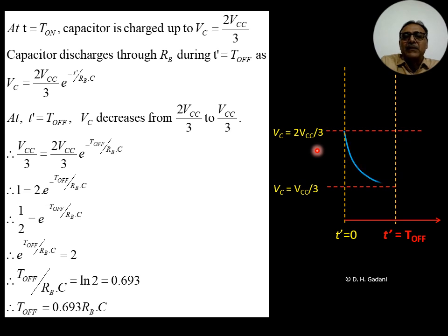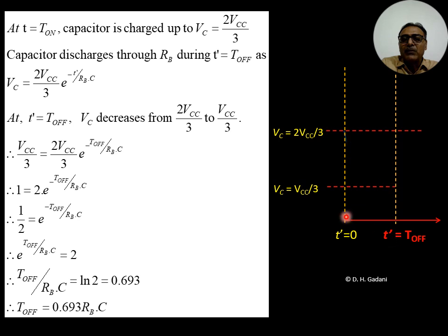Now the capacitor starts to discharge through the resistance Rb during time interval t dash equal to 0 to t off as Vc equal to 2 Vcc by 3 e raised to minus t dash upon Rb into C. At time t dash equal to t off, voltage across capacitor becomes Vc equal to Vcc by 3.